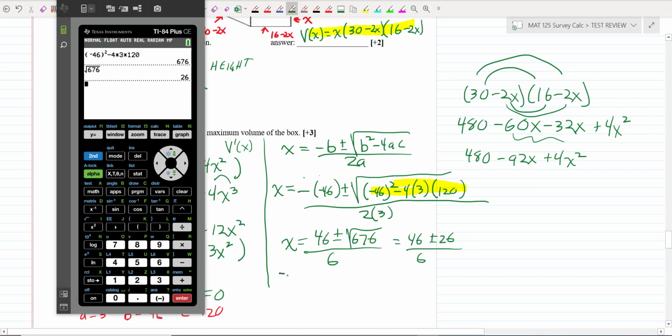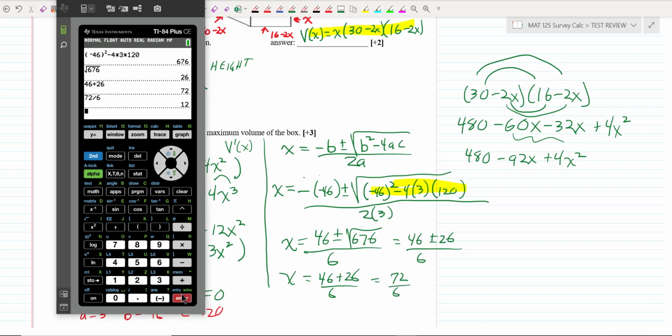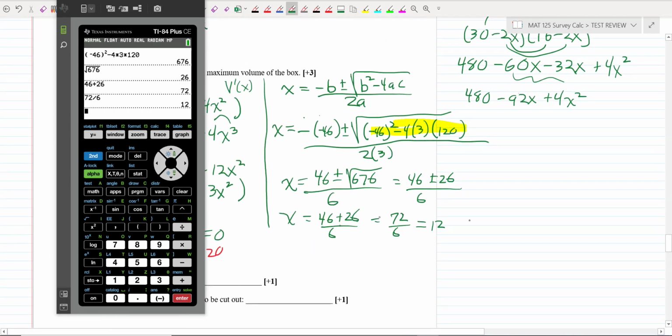So we need to go ahead and do two things. We need to do 46 plus 26 over 6. I can do that with the assistance of my calculator. 46 plus 26 is 72, and 72 over 6 is 12. So that's one potential answer there.